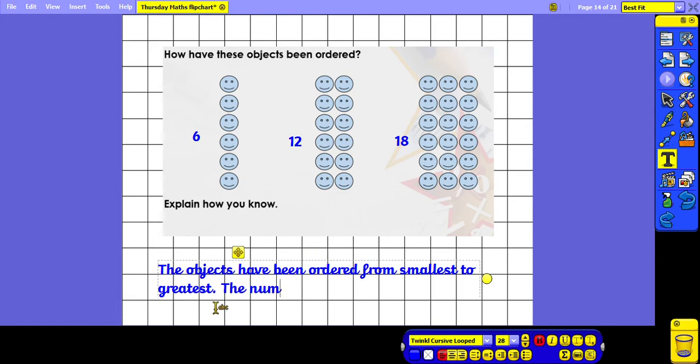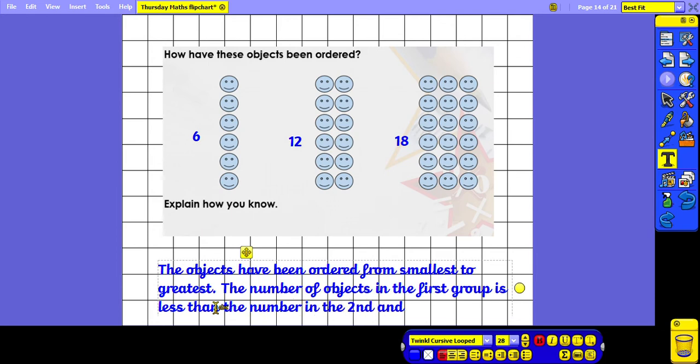We can say the number of objects in the first group is less than the number in the second and third groups.